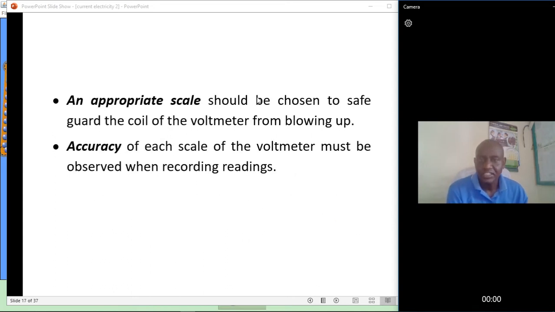An appropriate scale should be chosen during a measurement. We will come back to this when we talk about Ohm's law. Accuracy of each scale must be observed when recording the readings.